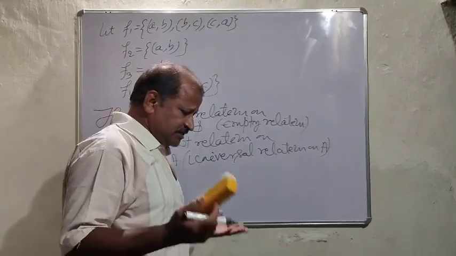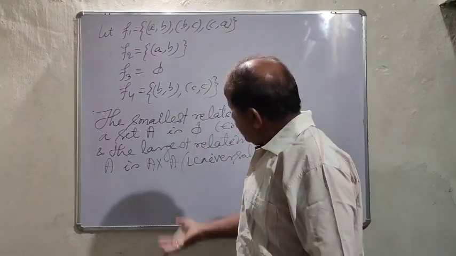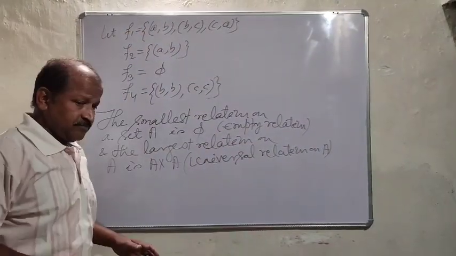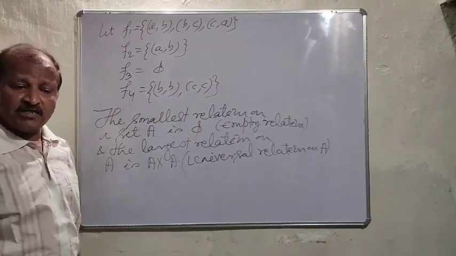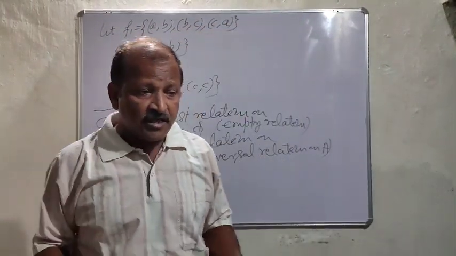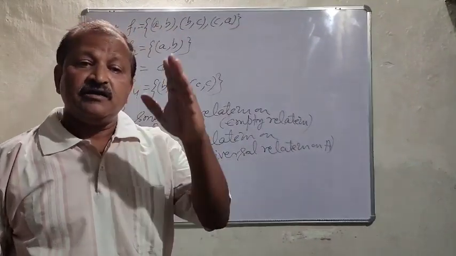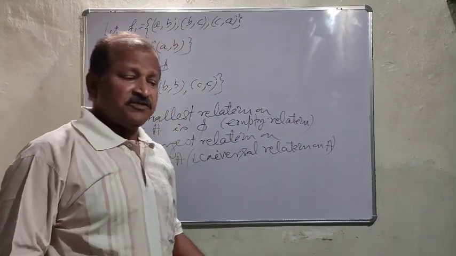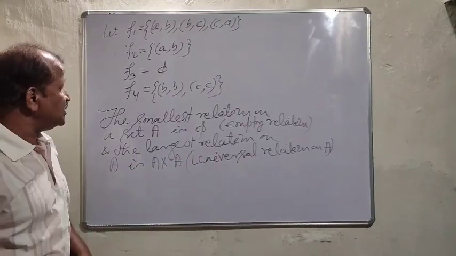Obviously, if A Cartesian product A is a set, its natural subsets are the null set and A Cartesian product A. One can say blindly that the null set is a subset of A Cartesian product A, and A Cartesian product A itself is a subset of A Cartesian product A, because we know the null set is a subset of every set, and a set itself is a subset of the same set. Okay, so this is the smallest relation, this is the largest relation.